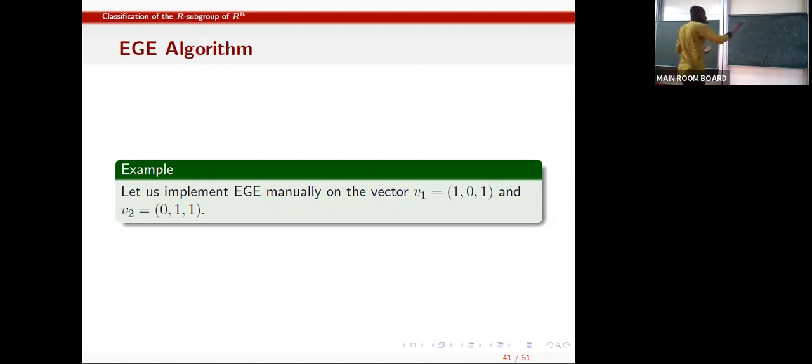So we start with a vector V1 = (1, 1, 0) in R3, and V2 = (0, 1, 1). So our initial matrix is this one. Now we see that at this column we have two non-zero entries.